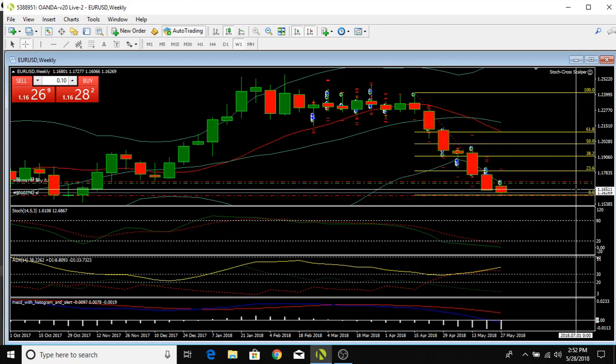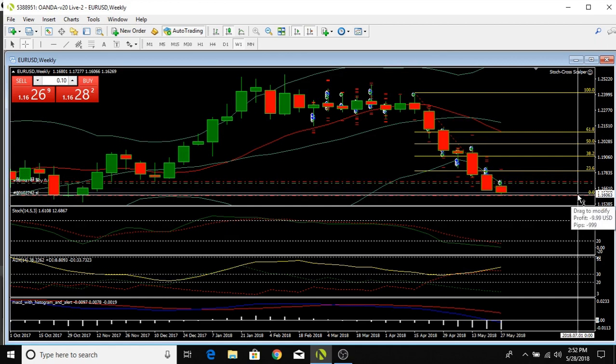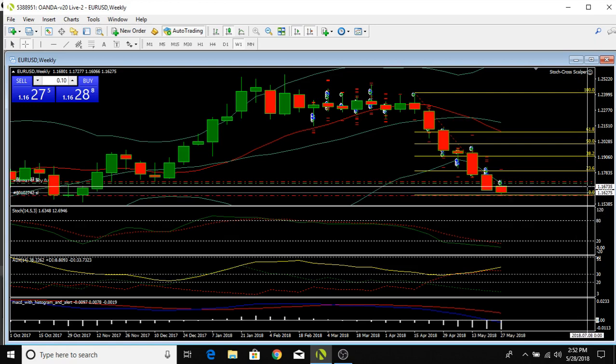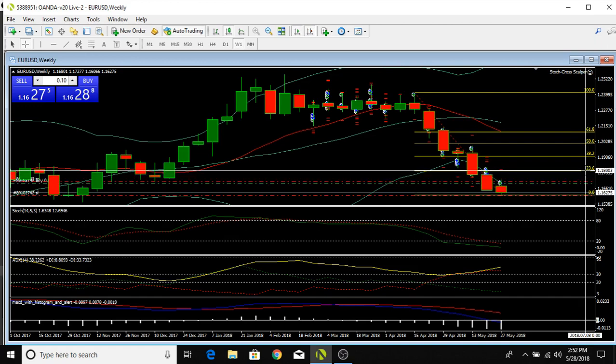But my bet would be that it goes down just a little bit more, possibly today, since there's no activity in the United States, and then goes back up towards 1.17.